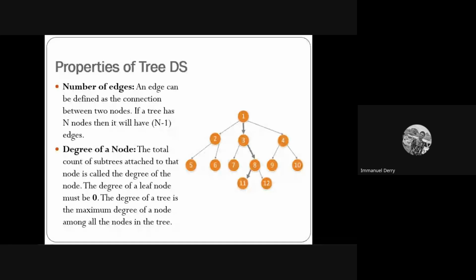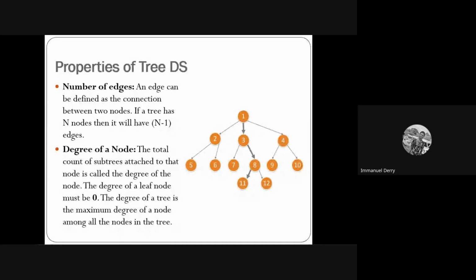The degree of node 3. Okay, so how many subtrees can we find from node 3? I'm seeing 4. That will be 4. Yes, so that is 4. Is it clear? Yes, there's a statement: the degree of a leaf node must always be 0. Okay, all right, I get it now.